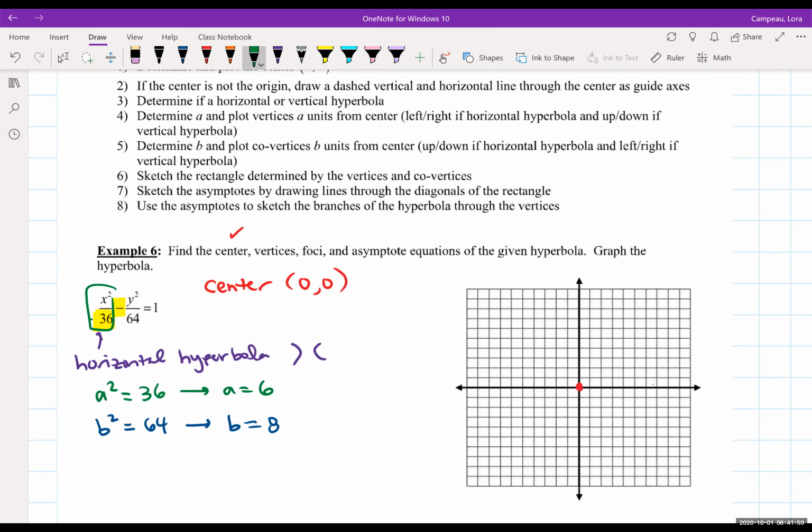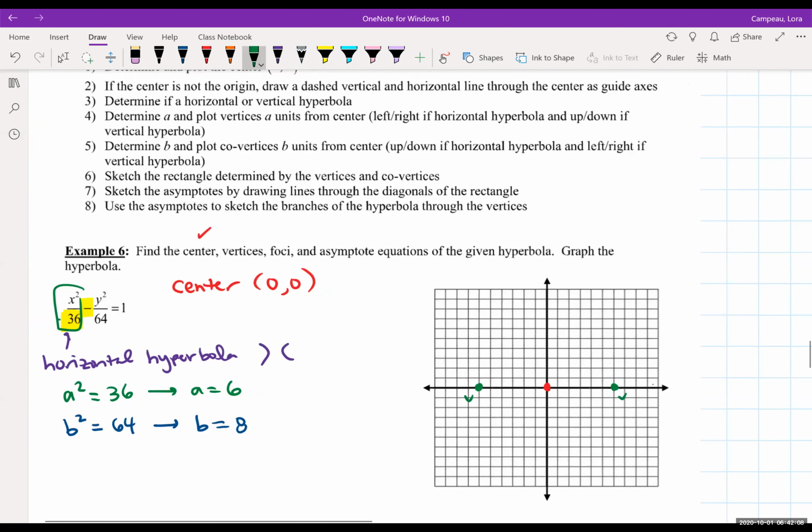So I'm going to go 6 units to the left: 1, 2, 3, 4, 5, 6. And 6 units to the right: 1, 2, 3, 4, 5, 6. And that, by the way, gives you the vertices of the hyperbola. If you'd like, you can label them now, or we can always label them later.